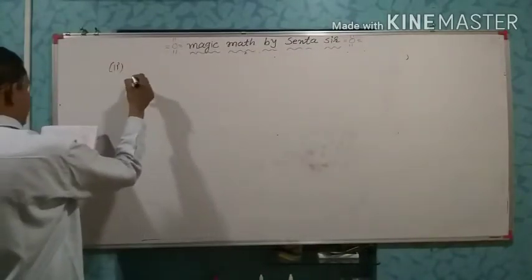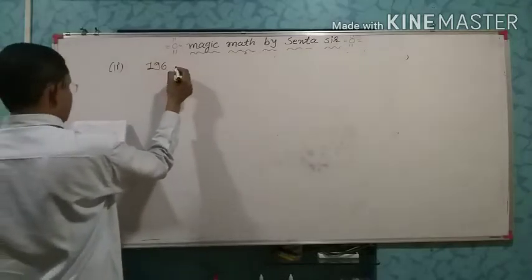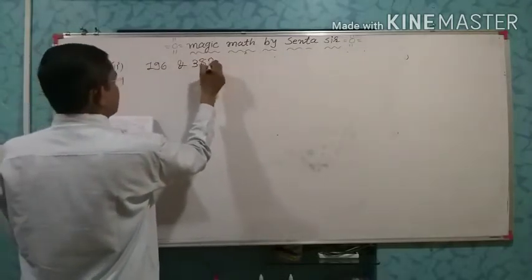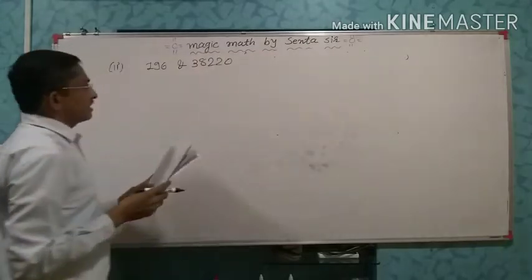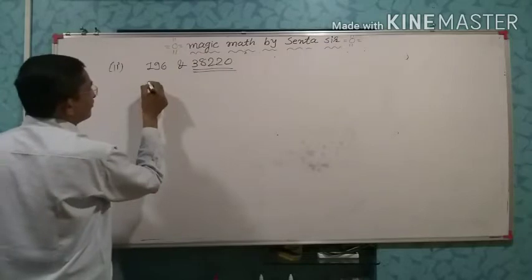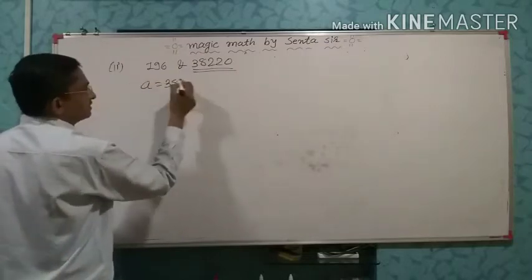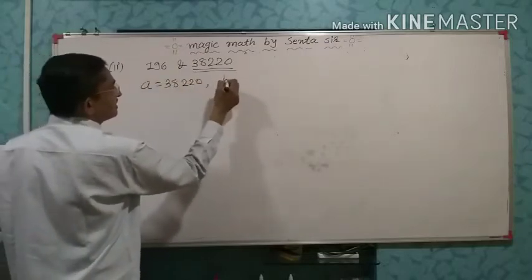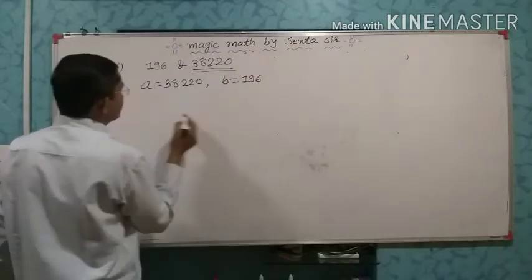Second example, 196 and 38,220. Friends, this is the large number, therefore A is equal to 38,220, B is equal to 196.